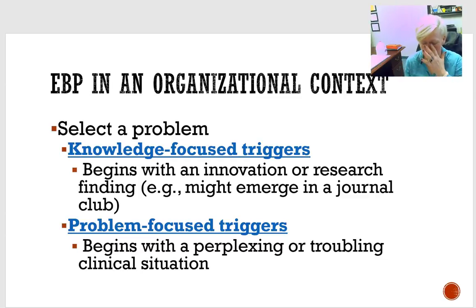A knowledge-focused trigger is just recognizing something in research findings and saying, hey, we should try that here. I think that will help patient outcomes. So it doesn't really start with necessarily a problem, but it starts with finding something that you think would work better.